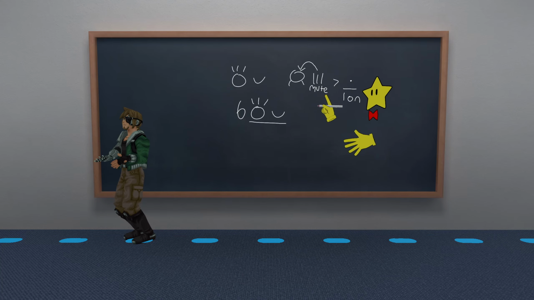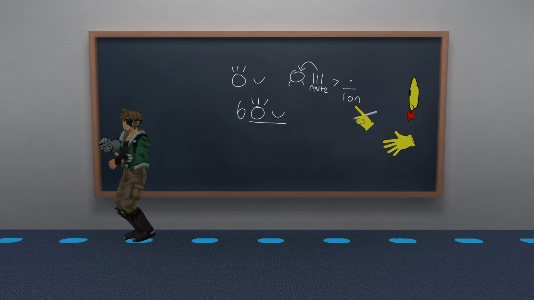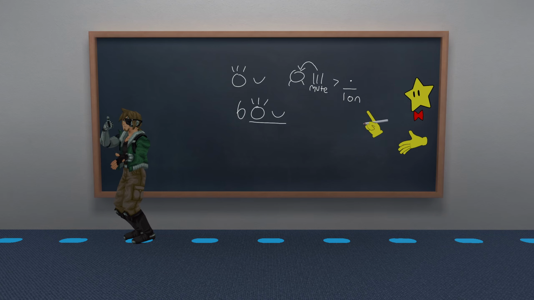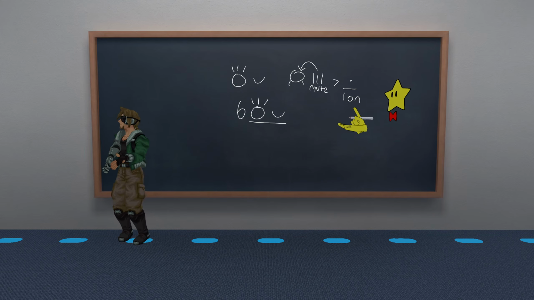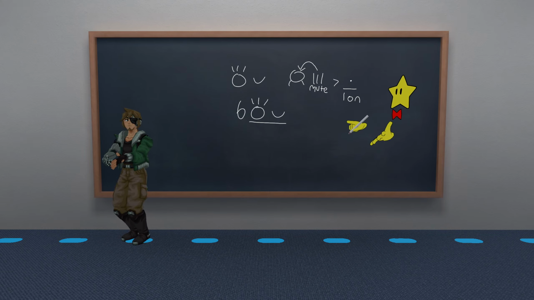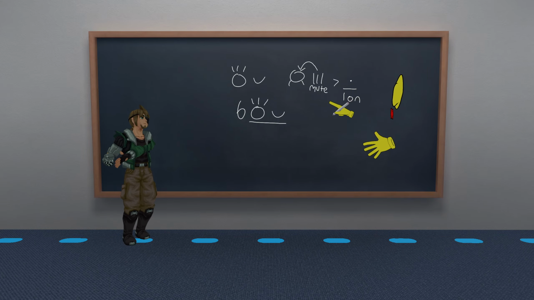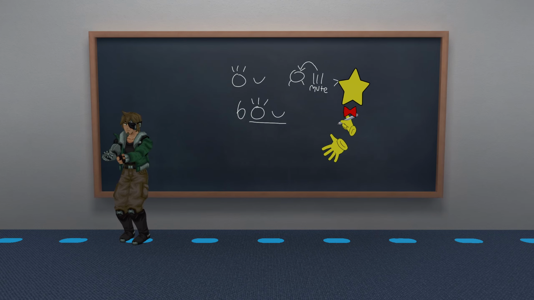So yan mute is a lot of people. Li introduces the verb, and then lon is here or present. So many people are here. And just to reiterate, this can also be future or past. So many people were here, or many people will be here. Yan mute li lon. Okay.